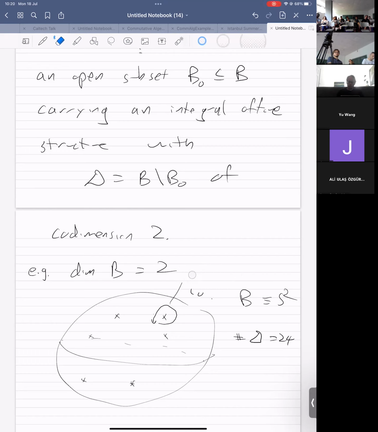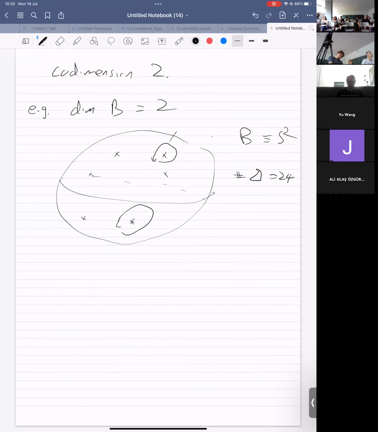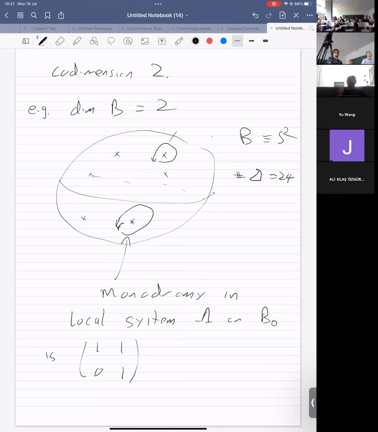This is important. It is 1, 1, 0, 1, or conjugate to 1, 1, 0, 1. Okay, so it's not too hard to construct such examples. They're essentially combinatorial in nature.